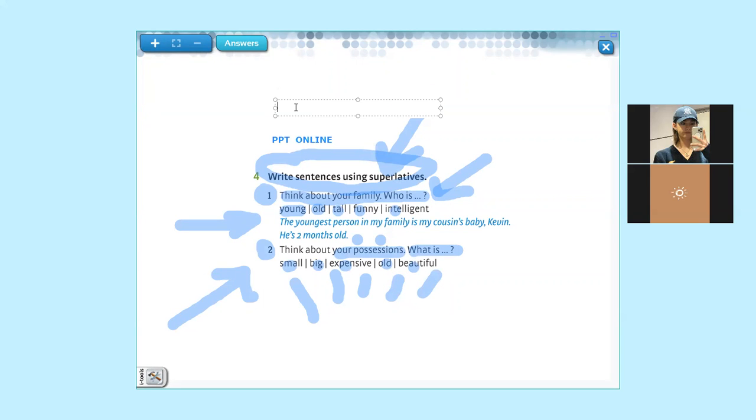Attention, you are going to write a total of 10 sentences, distributed as 5 sentences for the number 1 and 5 sentences for the number 2. That is a total of 10.